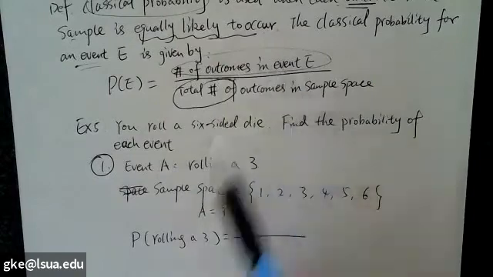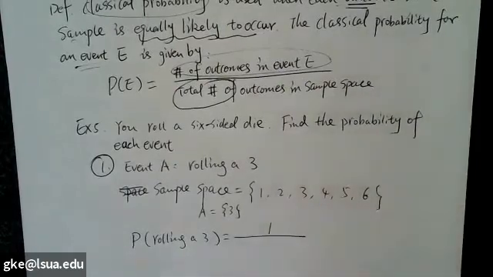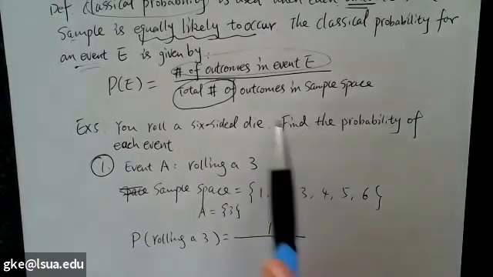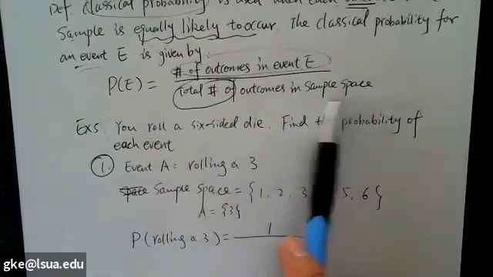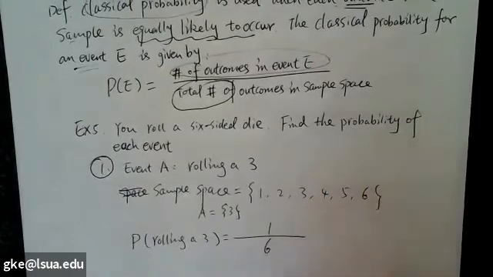The number of outcomes in event A is 1, right? Just 1 outcome. Just count the number. It's 1 number. So how many total outcomes in the sample space? 1, 2, 3, 4, 5, 6. That's it.